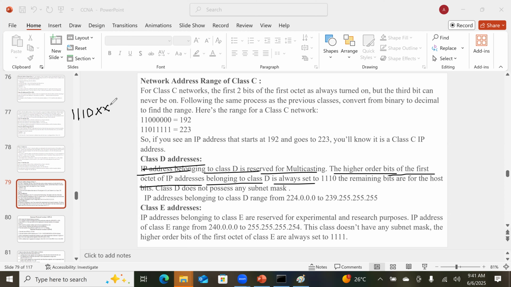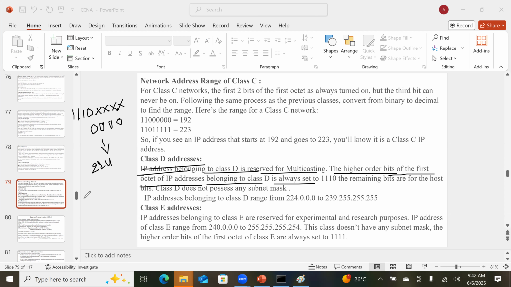If I make these variable bits 0000, then I get the starting range of class D. What's the range? 224.